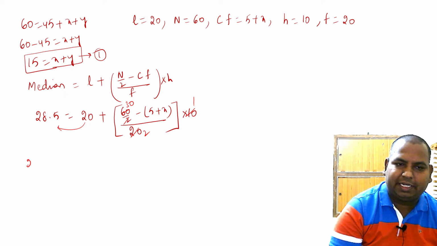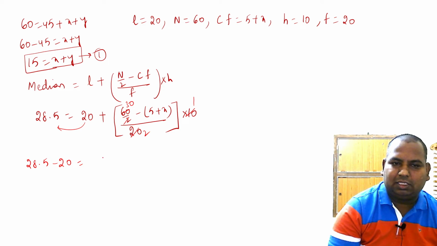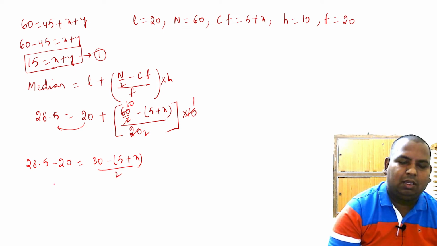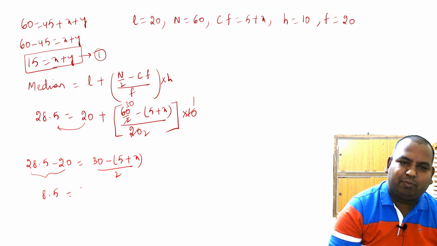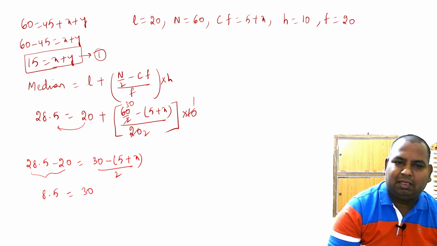Let me transpose 20 to the left hand side. We'll have 28.5 minus 20 is equal to 30 minus (5 plus x) by 2. 28.5 minus 20 is 8.5. So 8.5 is equal to 30 minus 5 minus x, by 2. We'll transpose 2 to the left hand side.